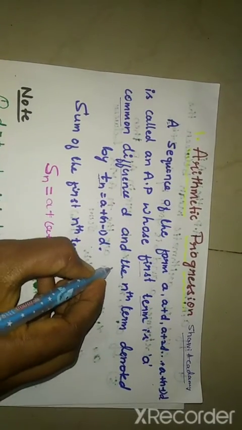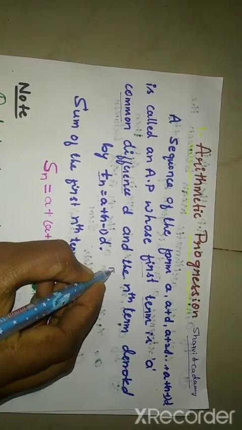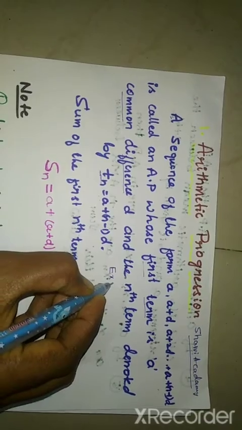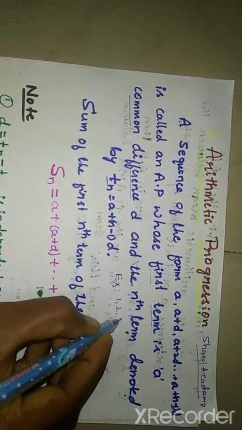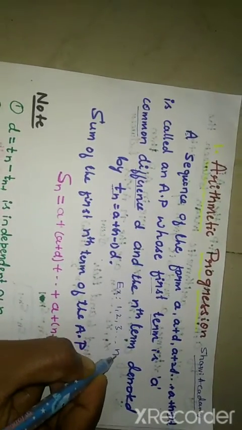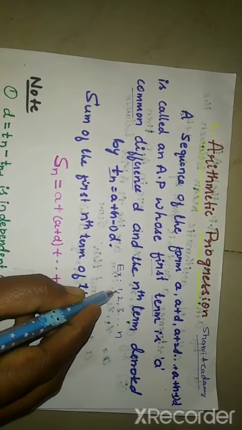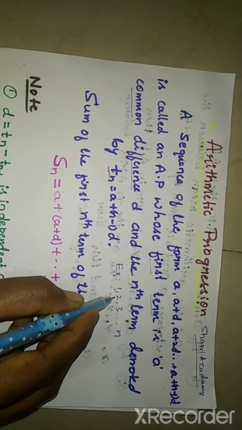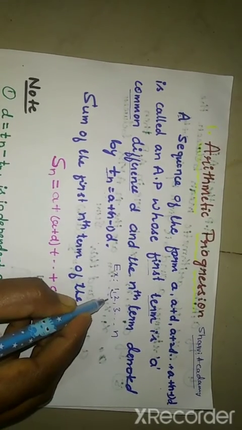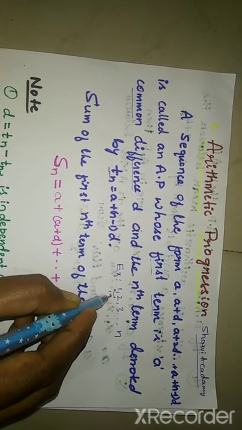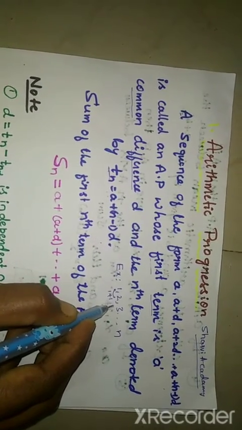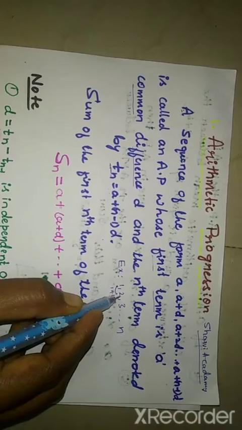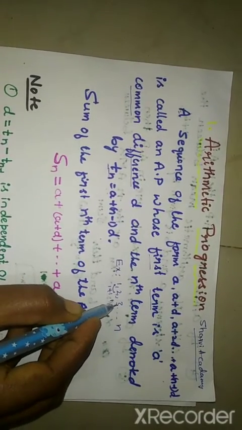For example, I will give one sequence. I will take the natural numbers 1, 2, 3 up to n. The preceding term of 2 is 1. So 1 plus 1 we get 2. If we add 1 again to 2, we will get 3.